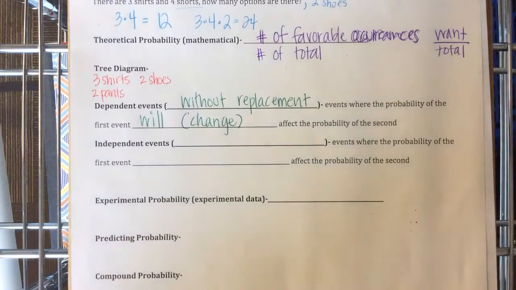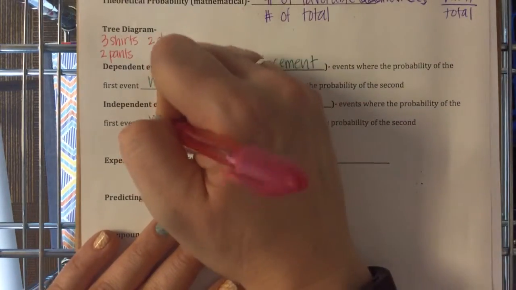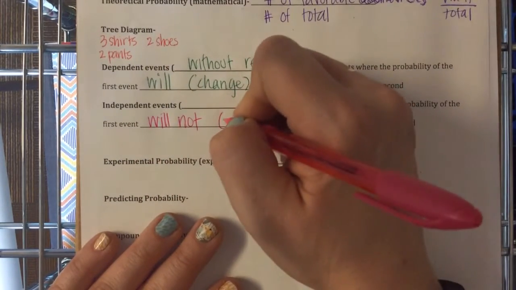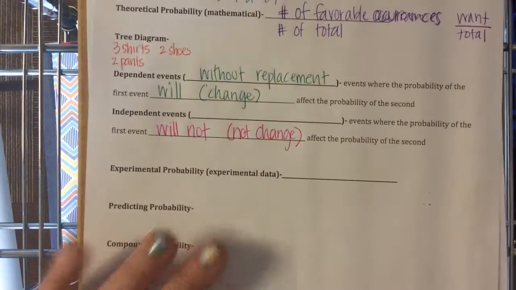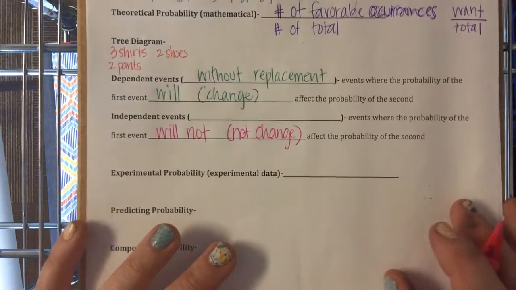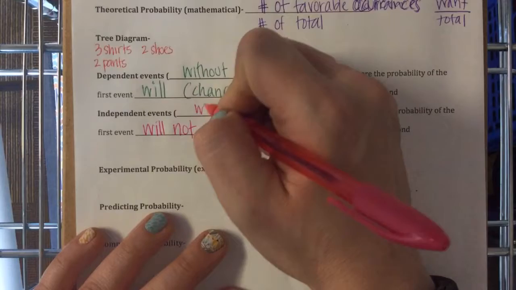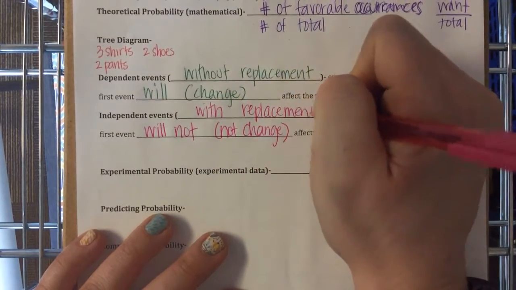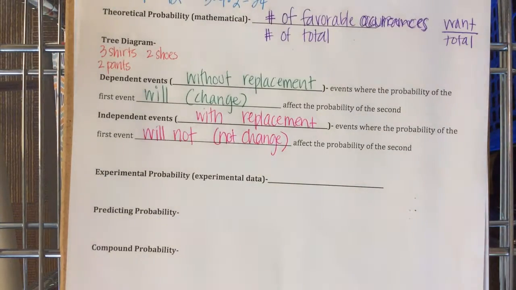Independent probability. It will not affect it. It does not change. Independent probability is with replacement. Or maybe there's not even replacing things. The lottery, the Powerball is independent.